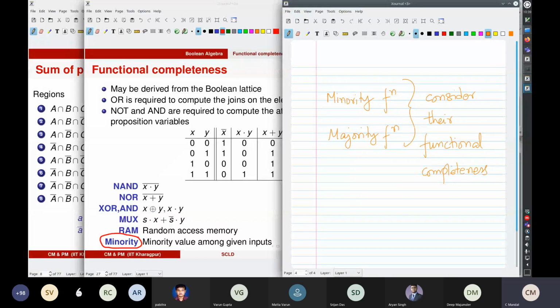This I am giving to you as an exercise. It will be in your exercise sheets, but I'm just spelling it out now in class.